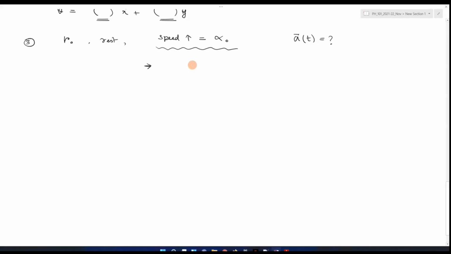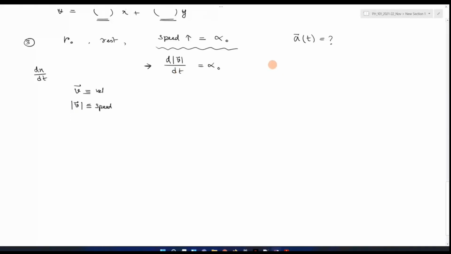Velocity is dx by dt, and speed is the magnitude of velocity. Exactly. So this magnitude is changing at a rate alpha 0, and that's why we have to write d|v| by dt equal to alpha 0.